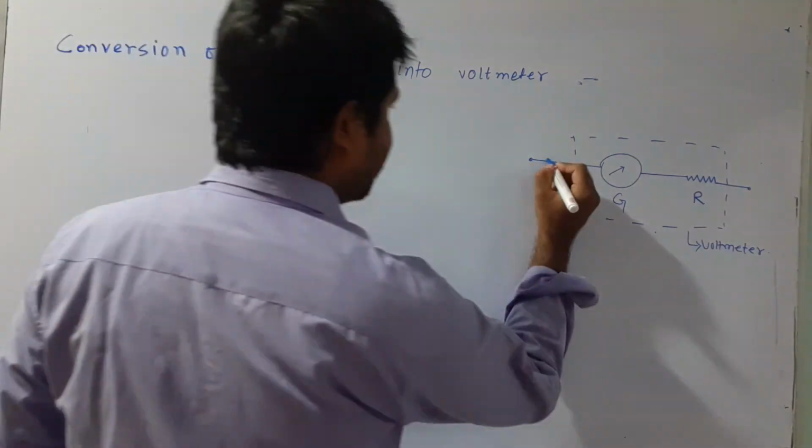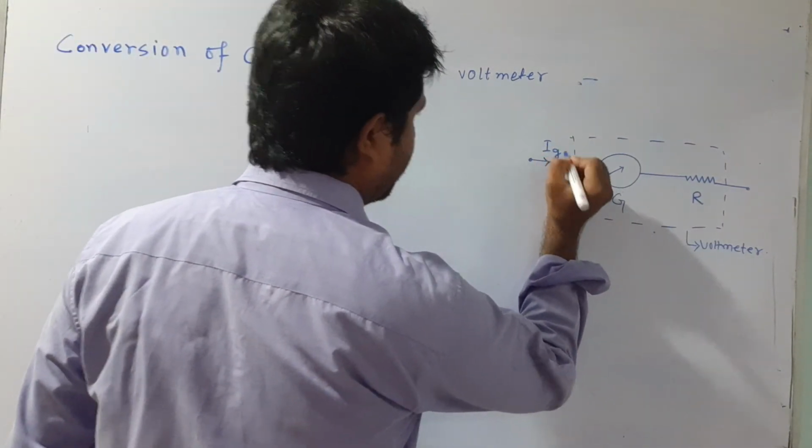Suppose Ig is the current passing through this galvanometer.